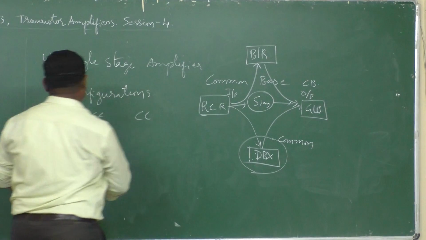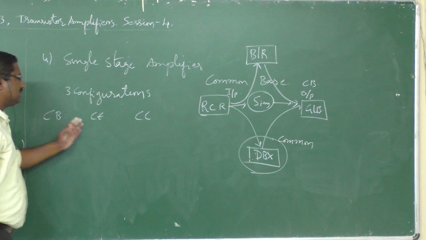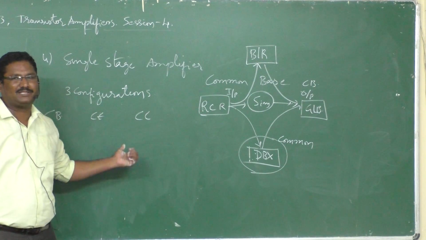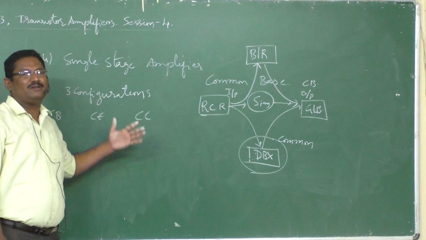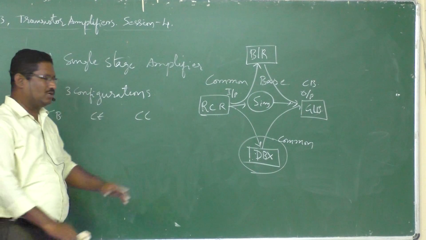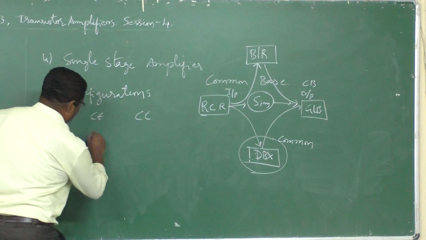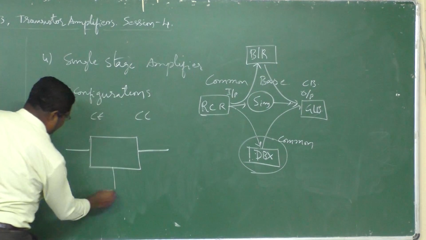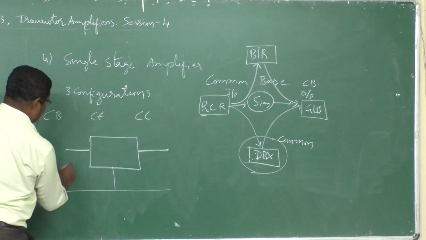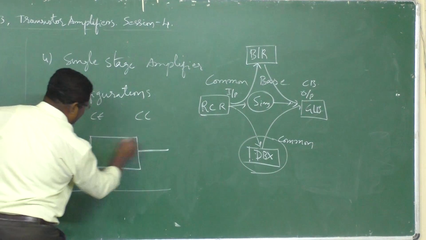Similarly here also we have 3 terminals of the transistor: common emitter, common base and common collector. One terminal will be common to both input and output, and that is known as the common terminal. For example, from here to here this is input and this is output.